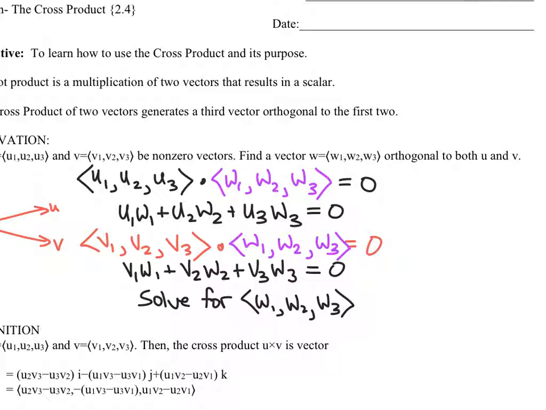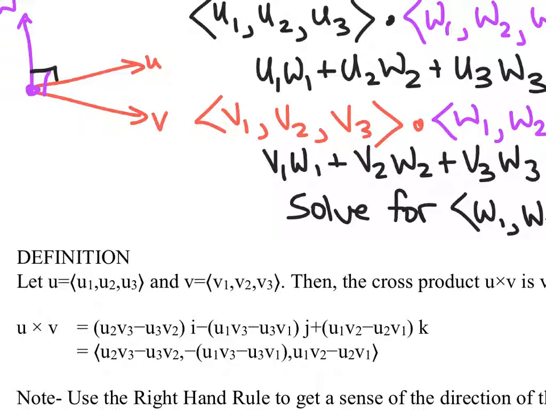Because ultimately, if I'm solving for W1, W2, W3, it's going to give me expressions in terms of U1, U2, U3, and V1, V2, and V3. So this first piece here is the same as my W1. This piece here is my W2. And this piece here is my W3.